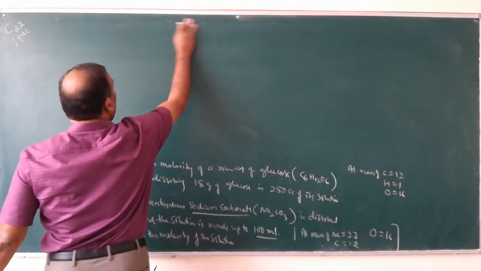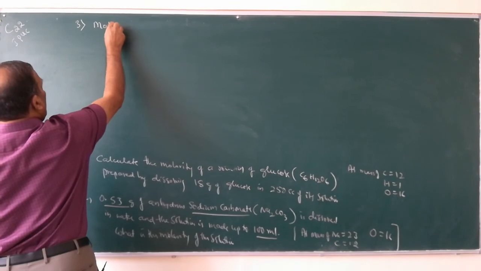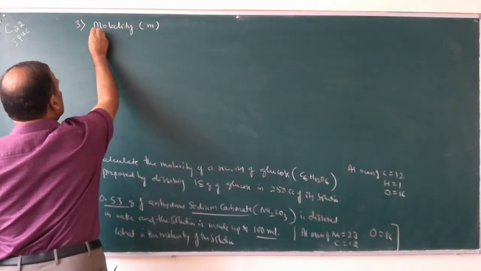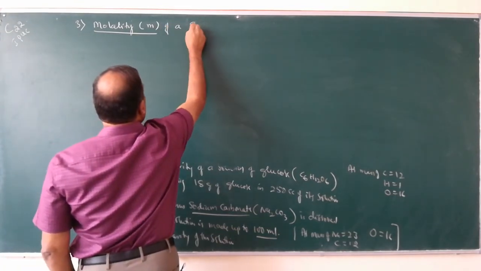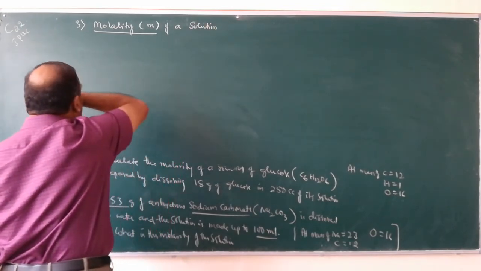So the third method of expressing concentration of a solution is molality. It is represented by small m. How do we define the molality of a solution?